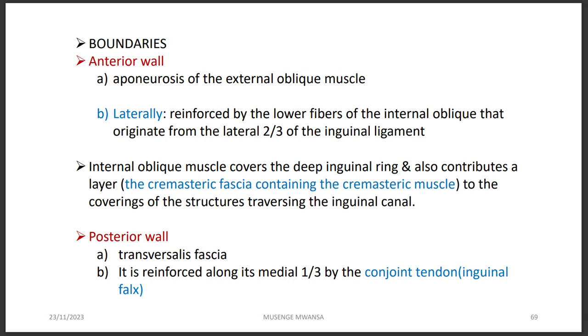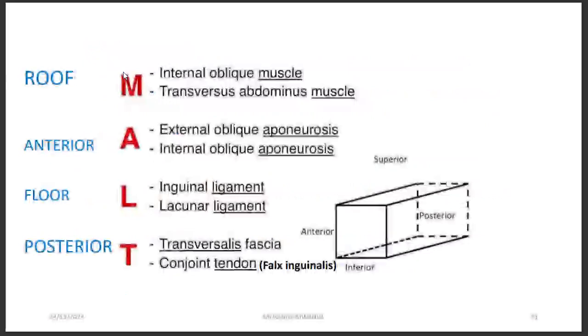Now, when you talk about the boundaries of this inguinal canal, this is where you can have a lot of questions. You have the anterior wall, the posterior wall, and the roof, which is the top part here, also known as the superior wall.